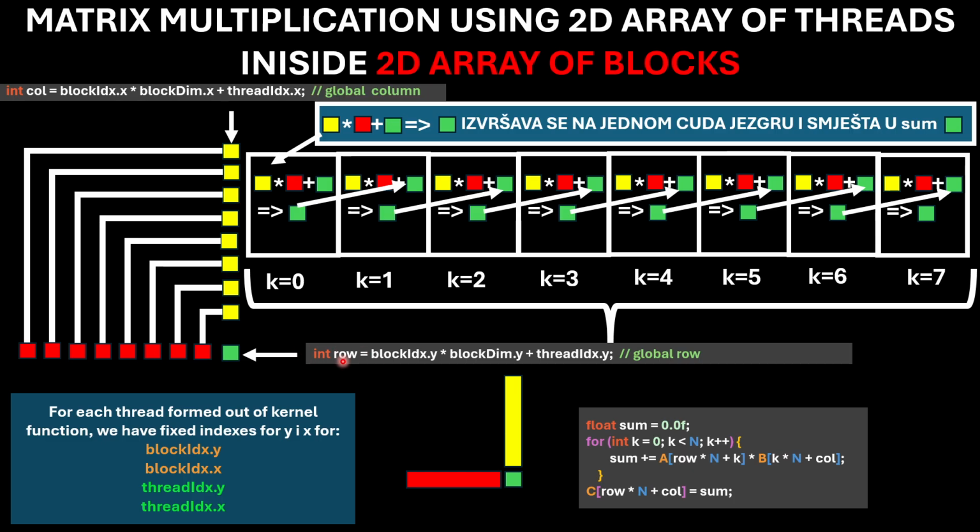And if we are inside of that element, which we have coordinates for, we're also picking up the row of the corresponding matrix A and column of the corresponding matrix B, which are multiplying here. This process we explained multiple times.